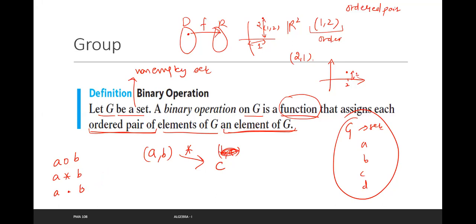So a dot b is also a way to represent a binary operation, as are a star b and a o b, and some books follow this, a into b, or simply writing ab. It is understood that ab means there is a mathematical binary operation going between them, so a dot b or ab is going to be some element.